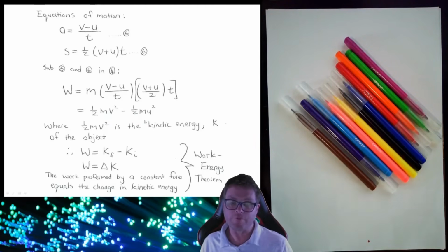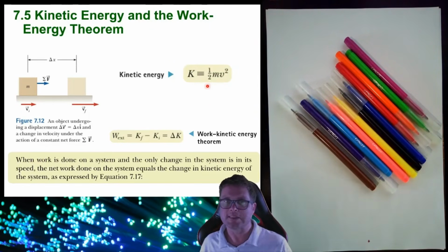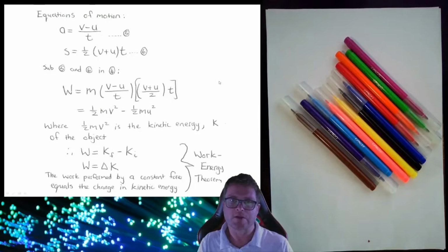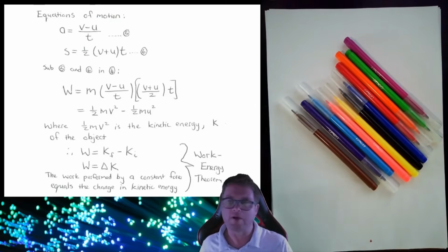You'll remember before that on a previous equation we said that whenever we see something in the form of half mv squared, this relates to kinetic energy. So we make use of that fact. You can see that here we have half mv squared minus half mu squared.